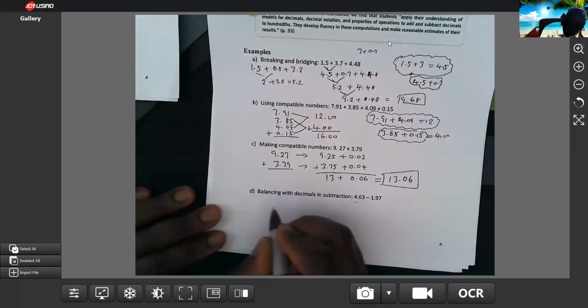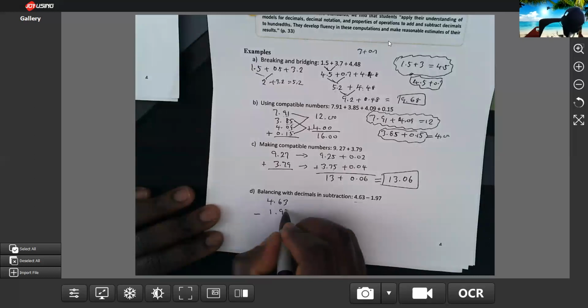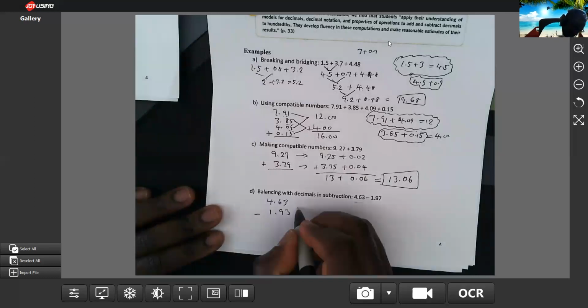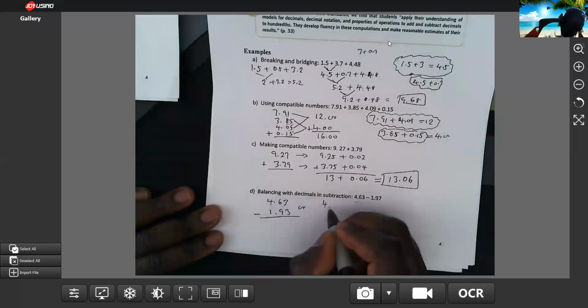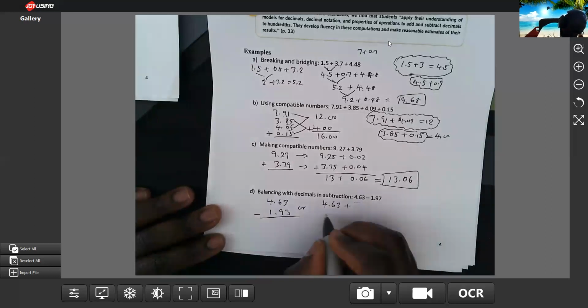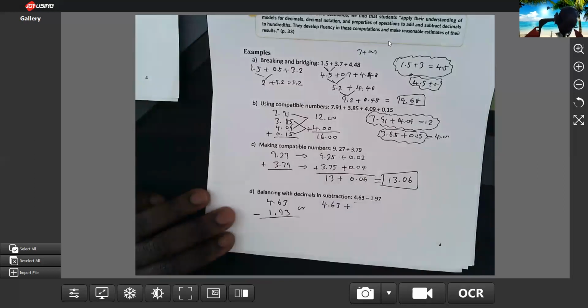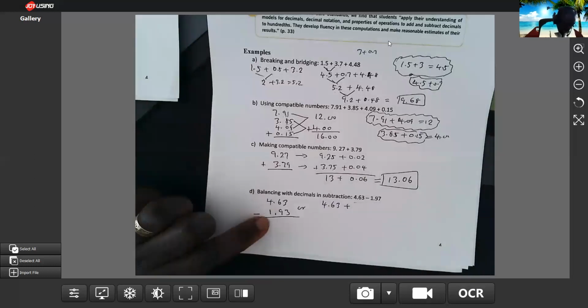So they have 4.63, and then we are subtracting 1.93. So we can do this, or we have 4.63. Okay, I'm going to add something to that. And the reason is, if I look at the subtrahend, okay, the minuend and subtrahend 1.93.